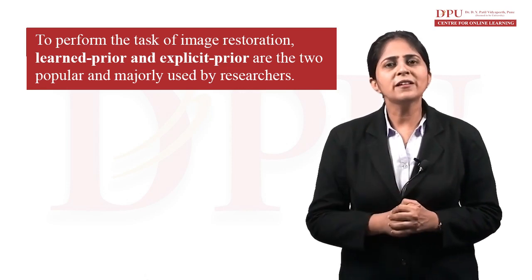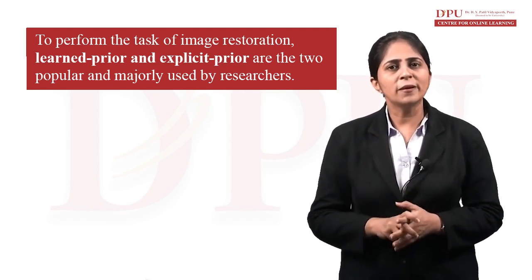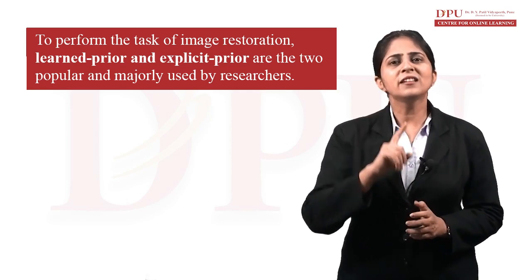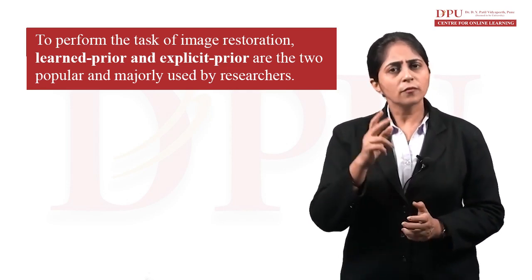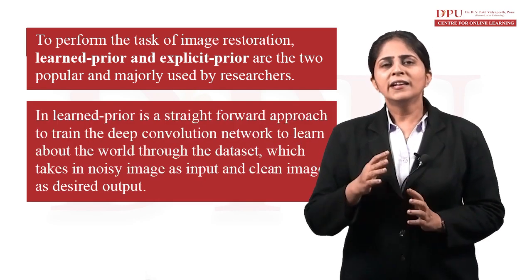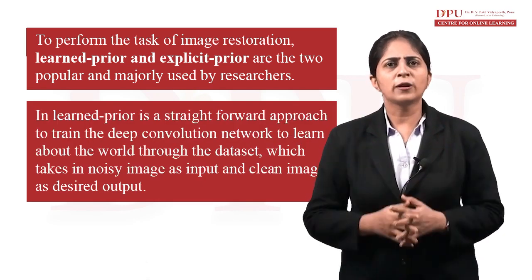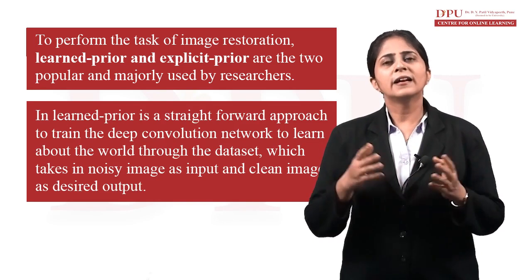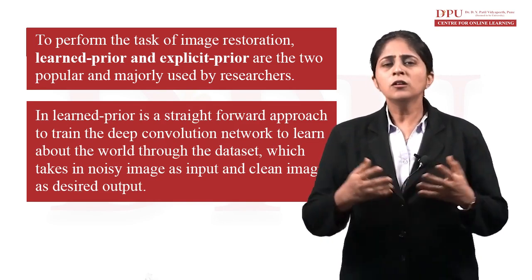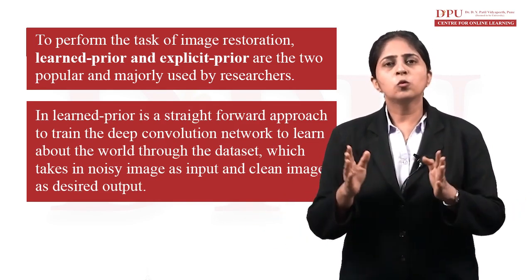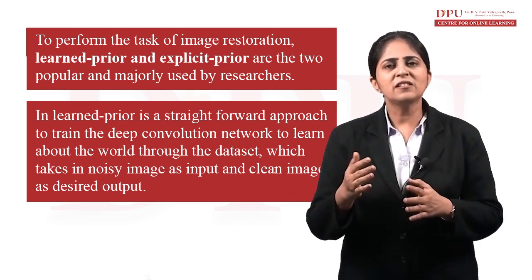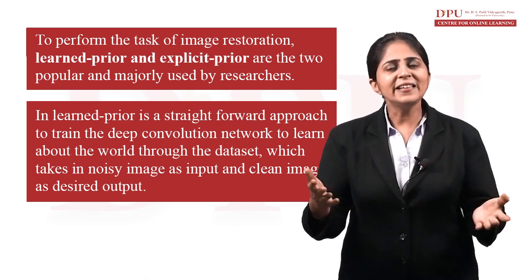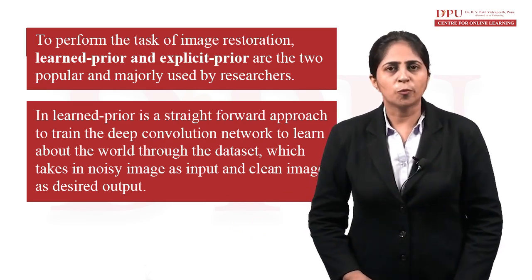Now to perform the task of image restoration, there are two methods which can be applied. One is the learned prior and the second is the explicit prior. What is learned prior? Learned prior is a straightforward approach to train the deep convolutional network to learn about the world through the data sets, which takes in the noisy image as input and the clean image as the desired output.